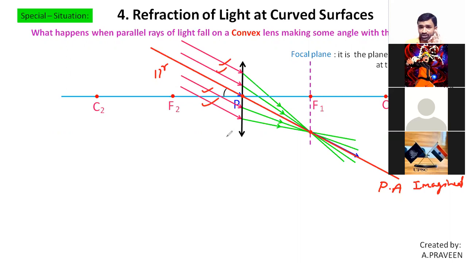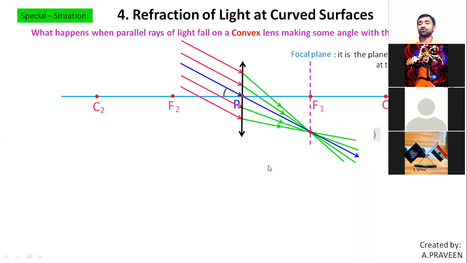According to situation 3, after refraction, all the light rays are going to converge at a common point called the focus. So in this case, that point I have taken as the imaginary focus. So that's why all the light rays which are incident on the convex lens making an angle with the principal axis converge. So that point is the imaginary focus.